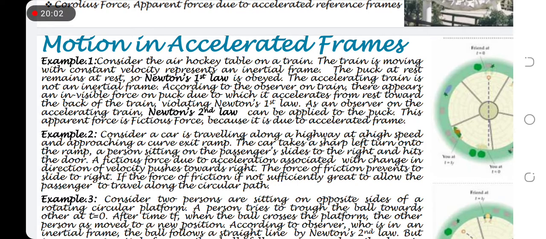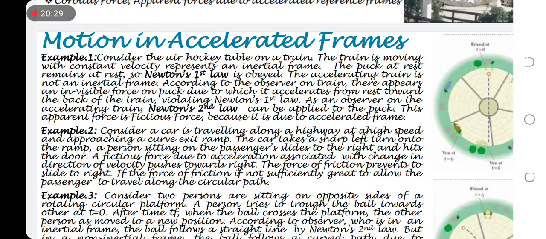This is the first clause of Newton's first law. So Newton's first law is observed because the table is at rest and any puck, any substance placed on the table is also at rest, and it will remain at rest.